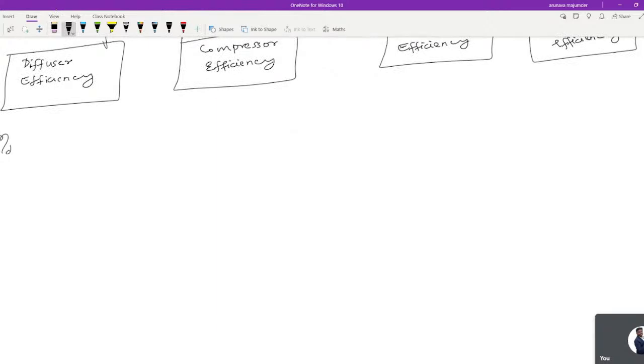Let's consider the diffuser efficiency denoted by eta d, the compressor as eta c, the turbine as eta t, and the nozzle as eta n. For the diffuser, it is the change in temperature in the isentropic condition over the change in temperature in the actual condition, so just remember it as I by A. Same for the compressor: the change in temperature in the isentropic or ideal condition over the change in the actual. For the turbine and nozzle, it is the actual change in temperature over the ideal, actual by ideal.